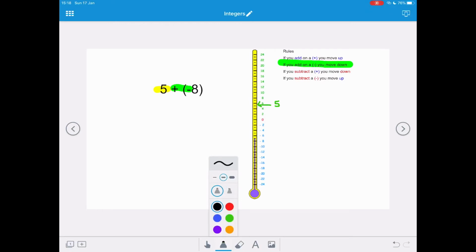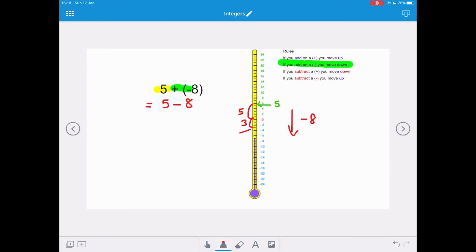And we want to move down 8 spaces. Now we can rewrite this with a single operation, and we can write it as 5 take away 8. We need to get to 0 first, so that's 5 of our 8 jumps. That means that we've got 3 jumps left over, and that's going to take us to -3. And so 5 plus -8 is -3.